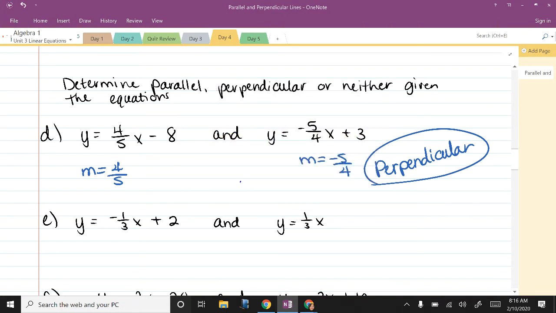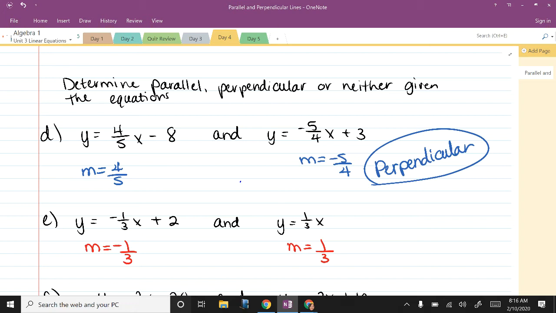Okay. So what's the slope in the first line? Negative 1/3. What's the slope in my second line? Positive 1/3. Are those the same? One line's going up from left to right, and the other one's going down from left to right.